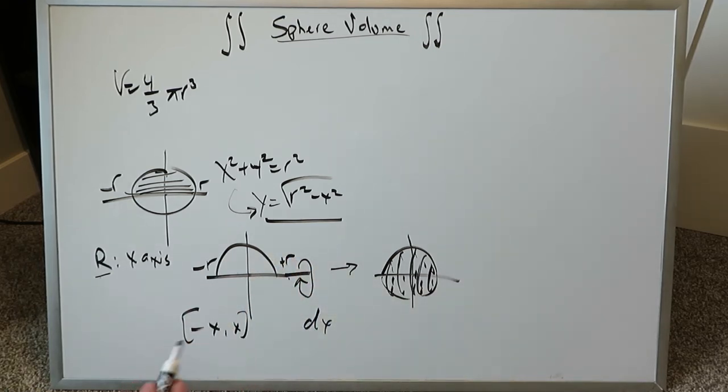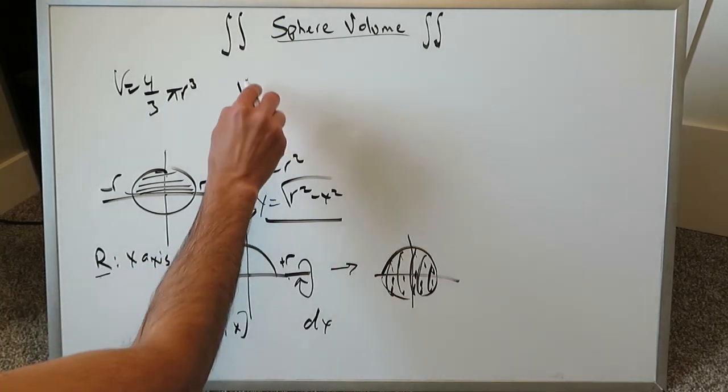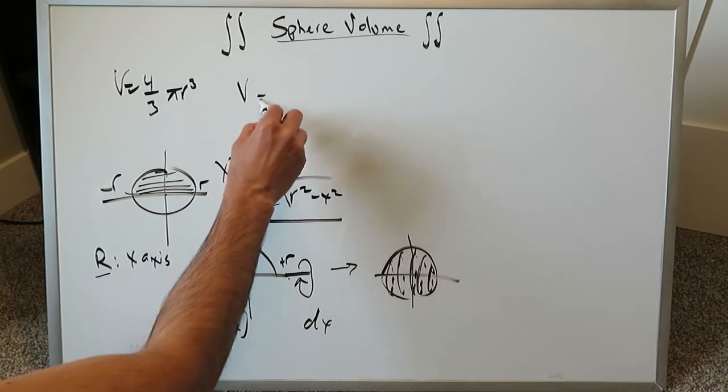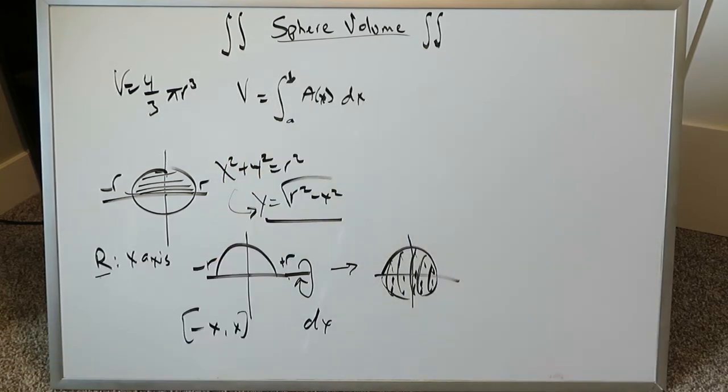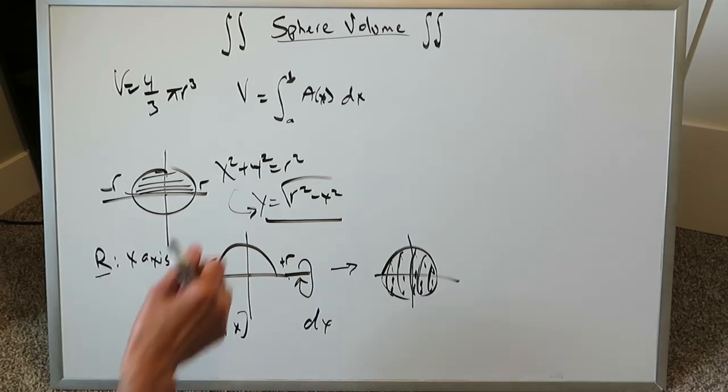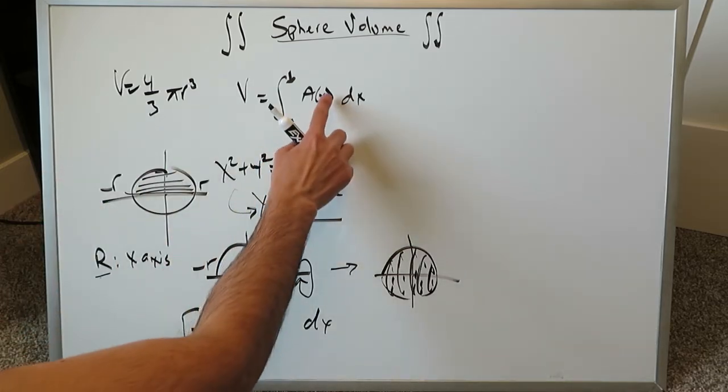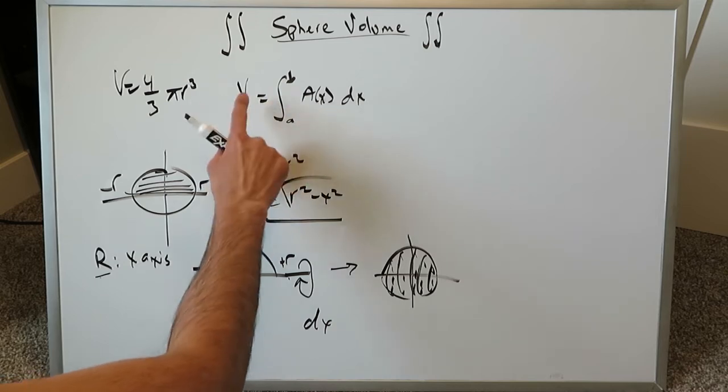We can do so by understanding this single concept for volumes. The volume of anything that you're trying to determine is always equal to, from whatever interval a to b, the integration of areas along that interval of whatever shape that resultant volume is comprised of.